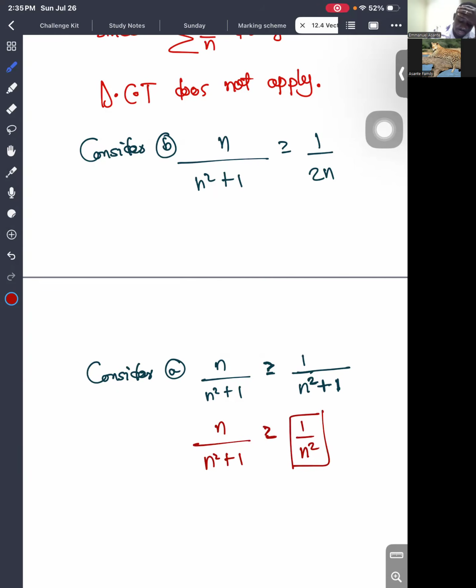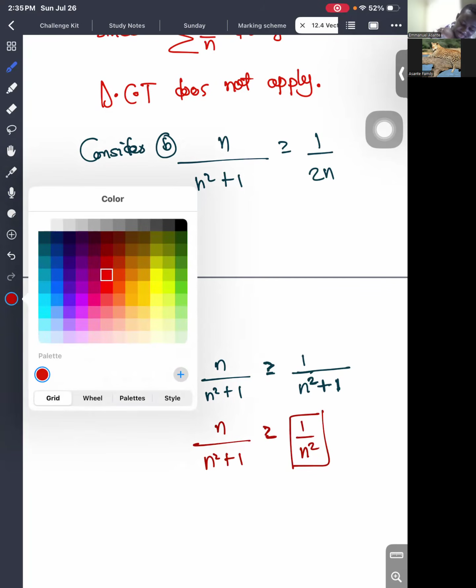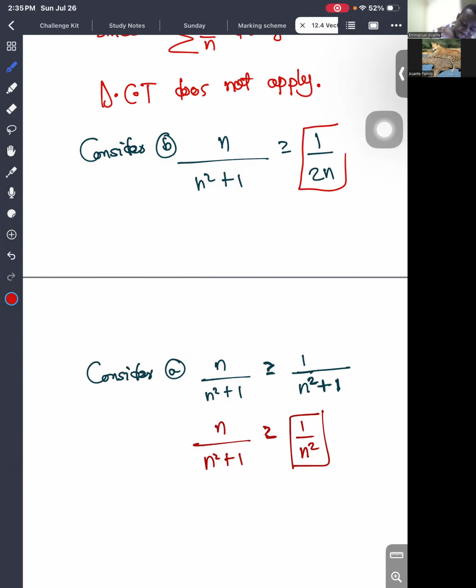Well, let's go back to B. B is what I was saying I made a mistake on, because this series happens to diverge. When you consider the series, it's just going to be a scalar multiple, 1 over 2, of your harmonic series, and it diverges.